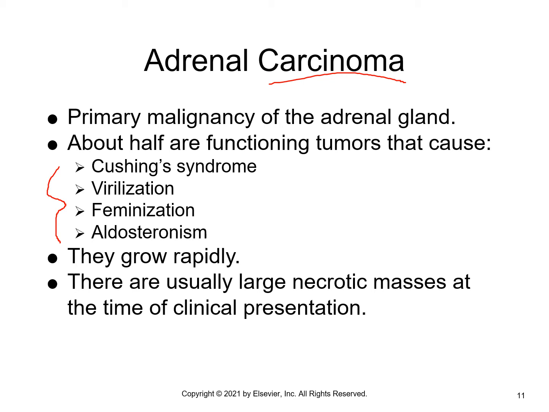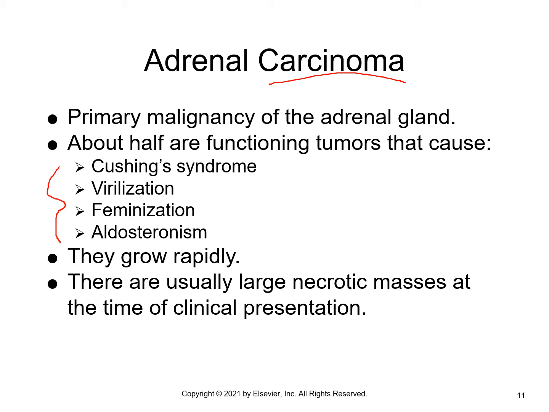Virilization would be changes in the sex hormones. Feminization would be taking less of the male sex characteristics and converting towards female sex characteristics. So this could be the opposite of androgen release.